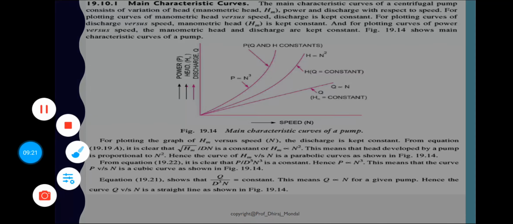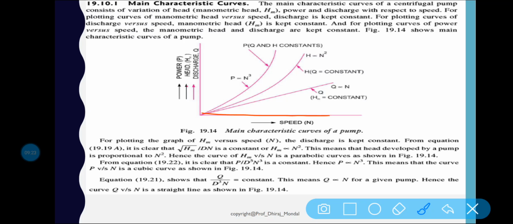That means if I plot the variation of discharge, power and head with respect to speed, what we get is the main characteristic curve.